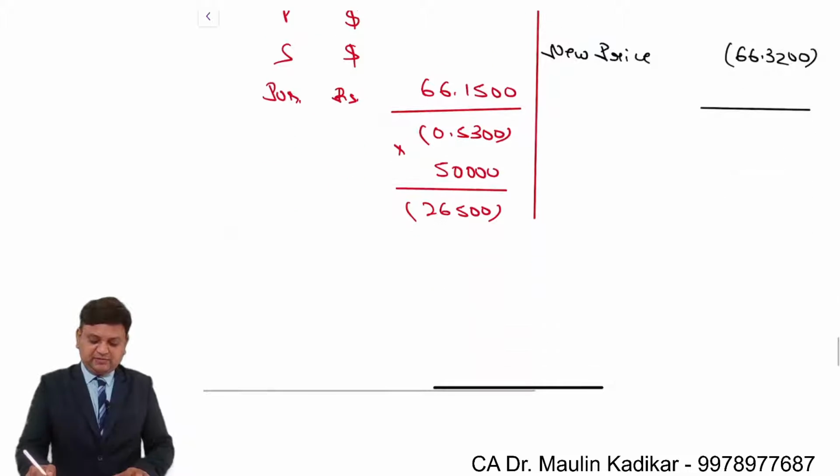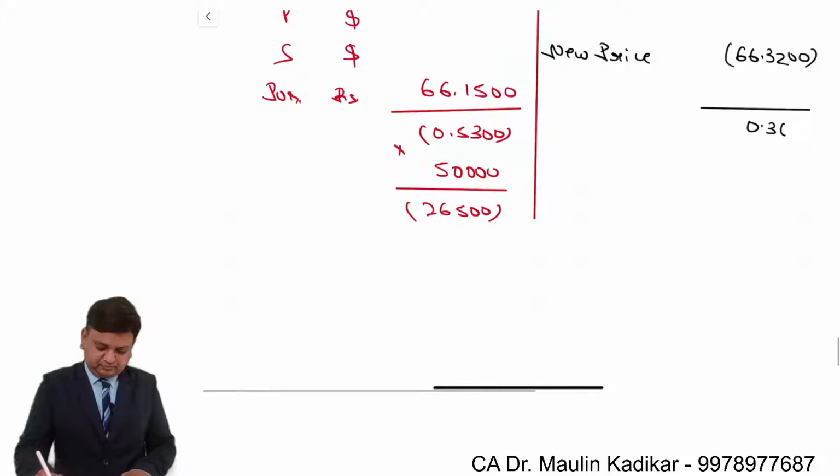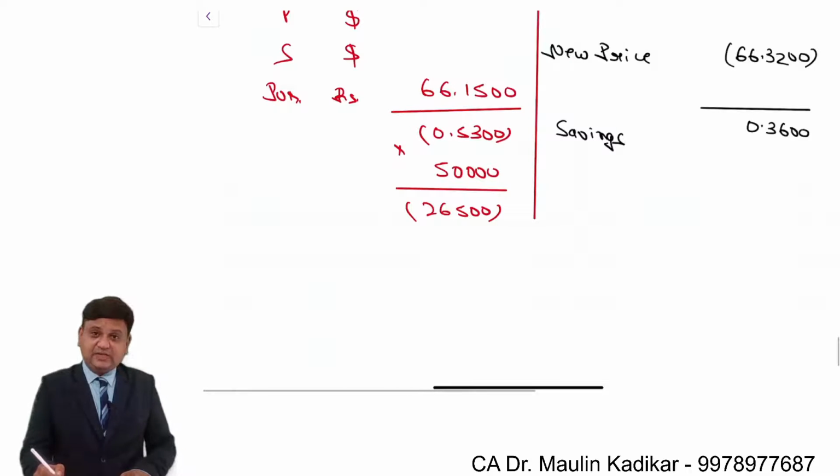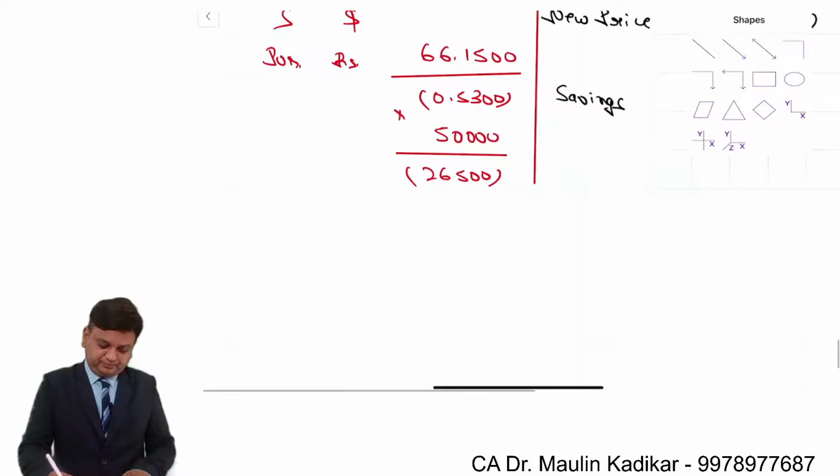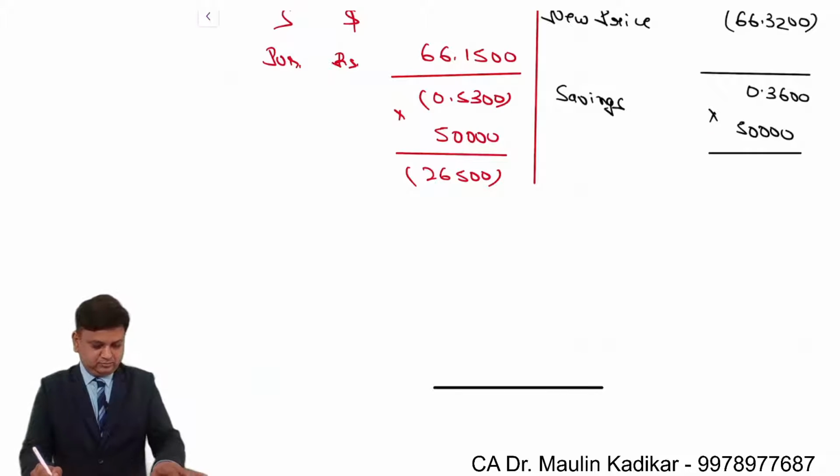So you are able to save 36 paise. So this is a saving into 50,000. So it comes to 18,000.